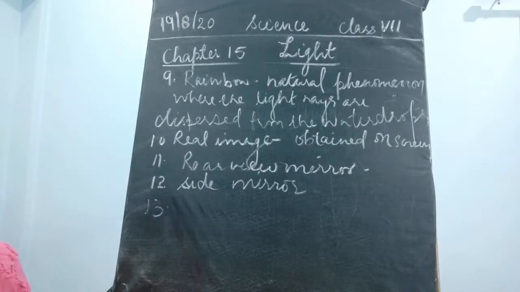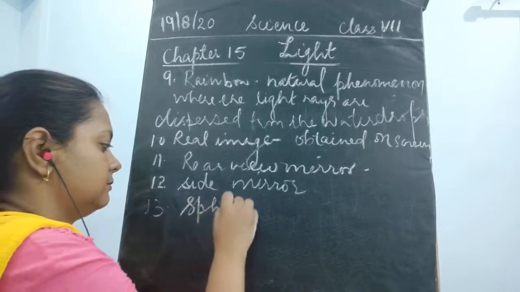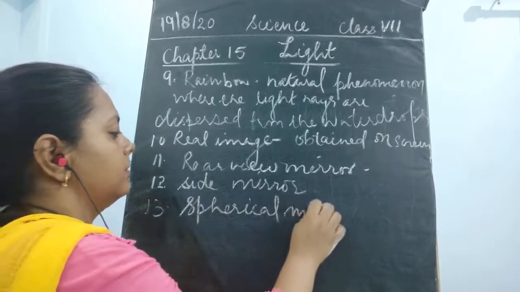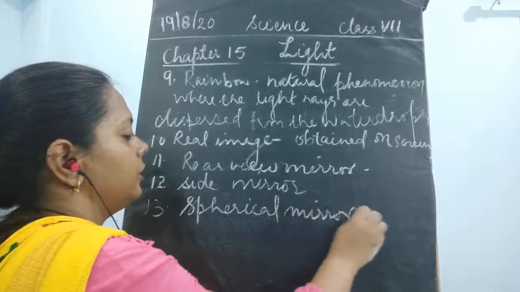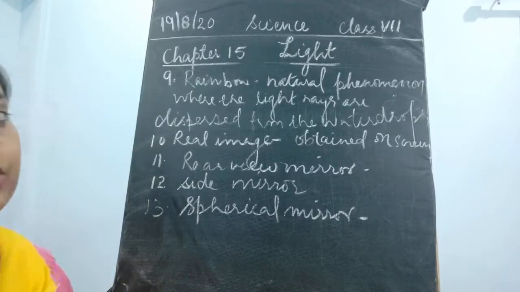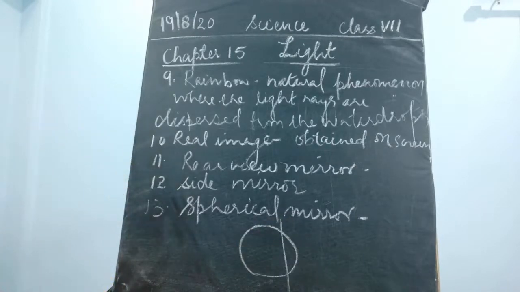What is next? The next word is the spherical mirror. Now what do you mean by the spherical mirror? Spherical mirror is the mirror which is spherical in shape, or the glass sphere which is used to cut out the different curved surfaces is known as a spherical mirror.